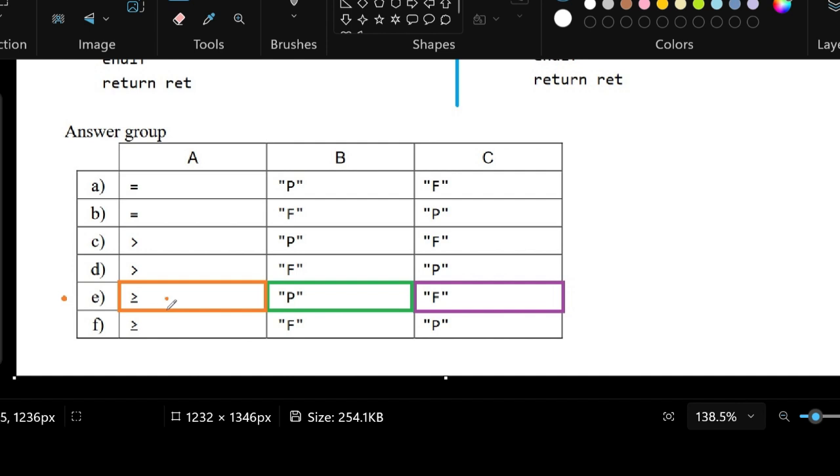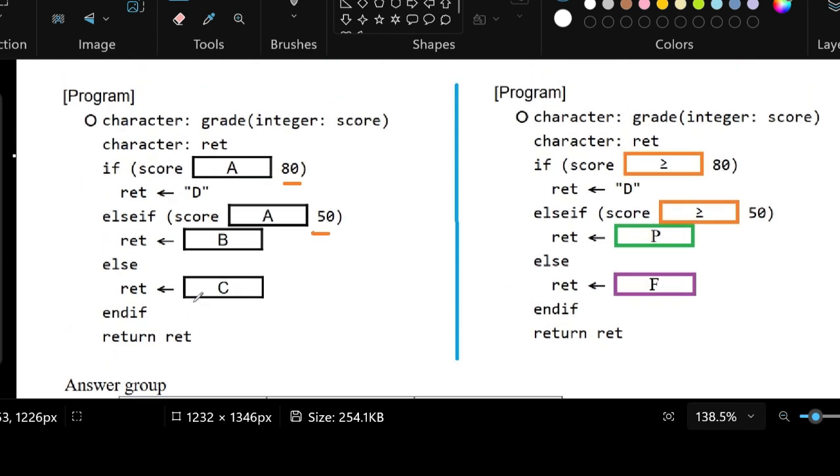Now, I did choose the correct answer, which includes the 80 and the 50, because this one says it should be greater than or equal to. And so if we go back to the program, here it's saying that we return D when the score is blank.